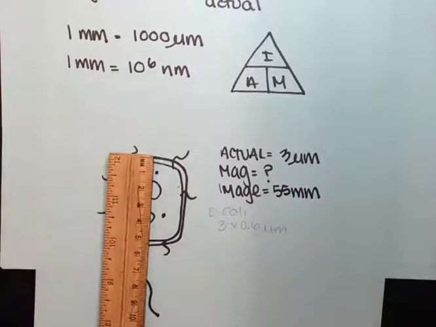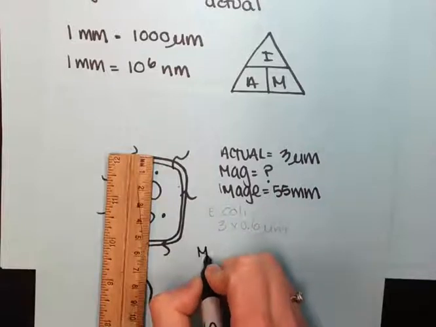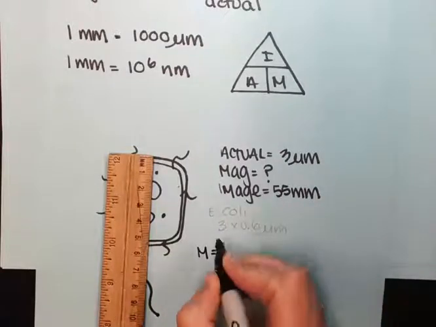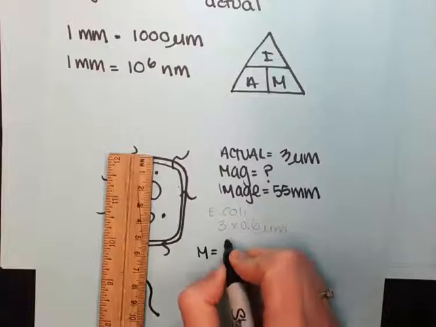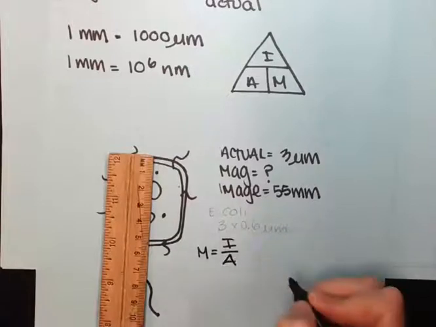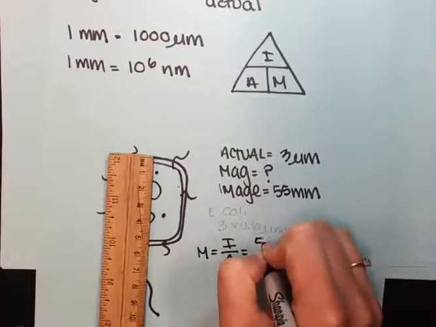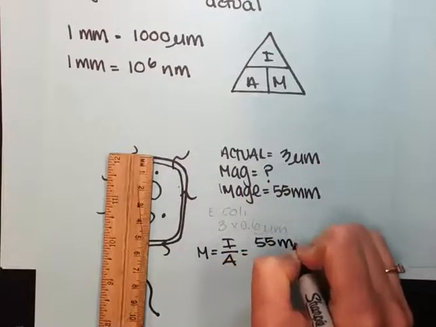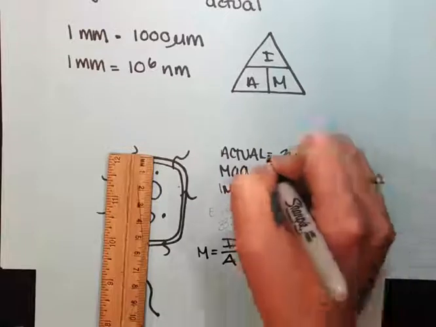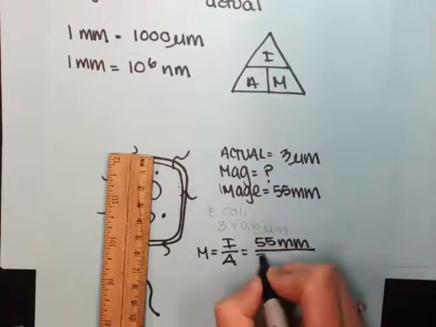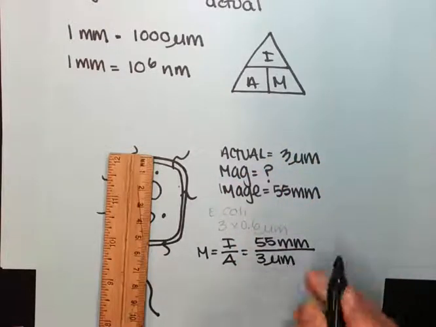So, now I'm going to plug all of this in. So magnification is going to be equal to image over actual. Well, my image is 55 millimeters. My actual is 3 micrometers.